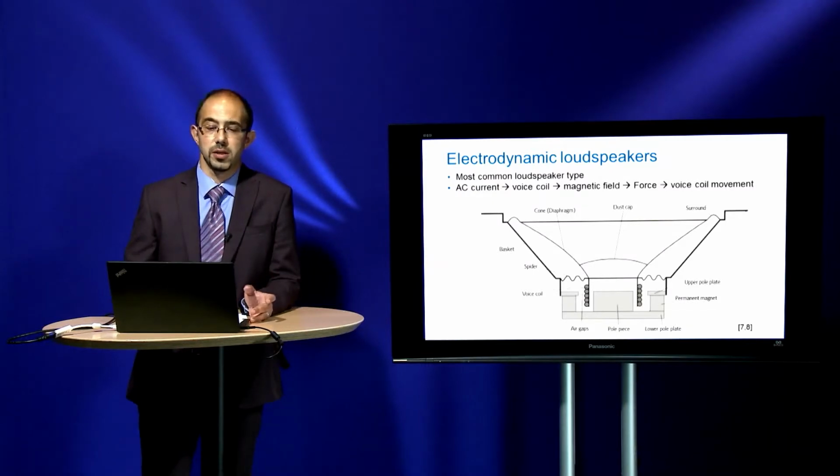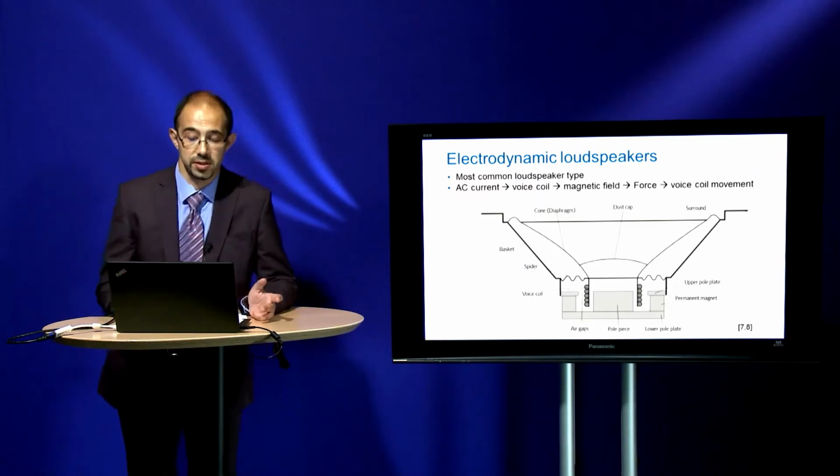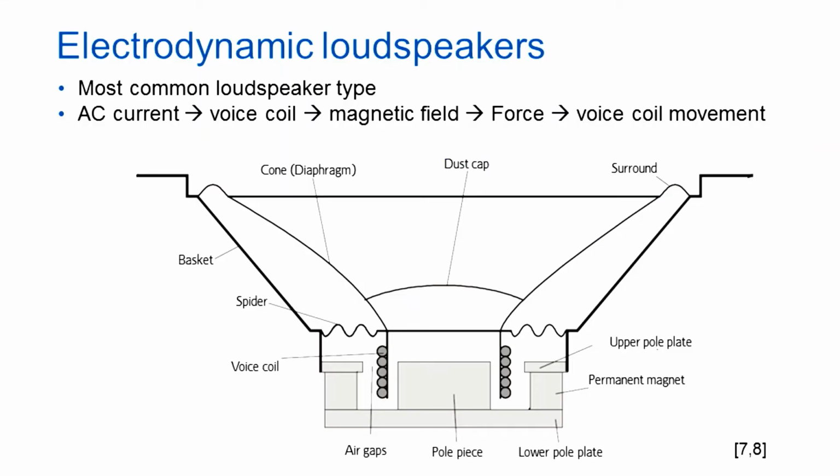Actually, electrodynamic loudspeakers are the most common loudspeaker type. This type of loudspeaker is based on the interaction between magnetic fields. We have a static field and at the same time a dynamic field surrounding a moving conductor, the voice coil.